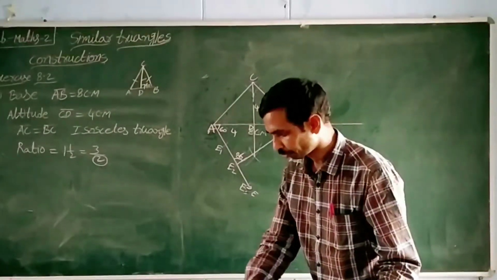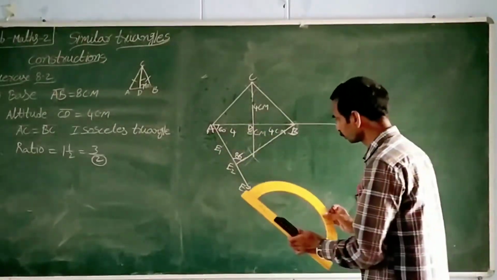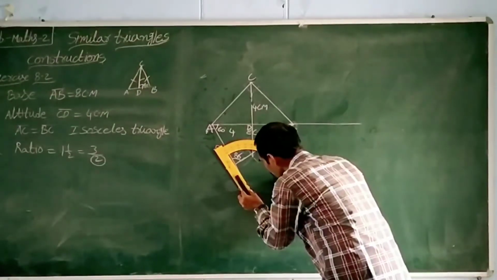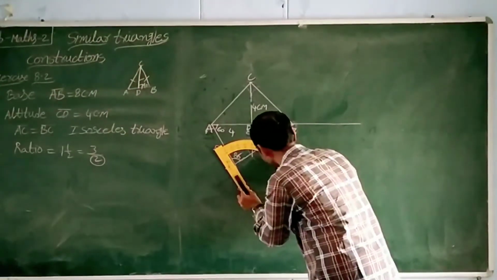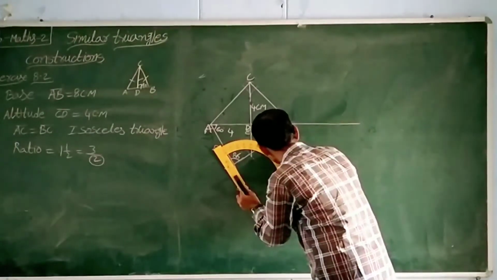Now take the protractor, midpoint at E3. Same angle you take, 86 degrees.